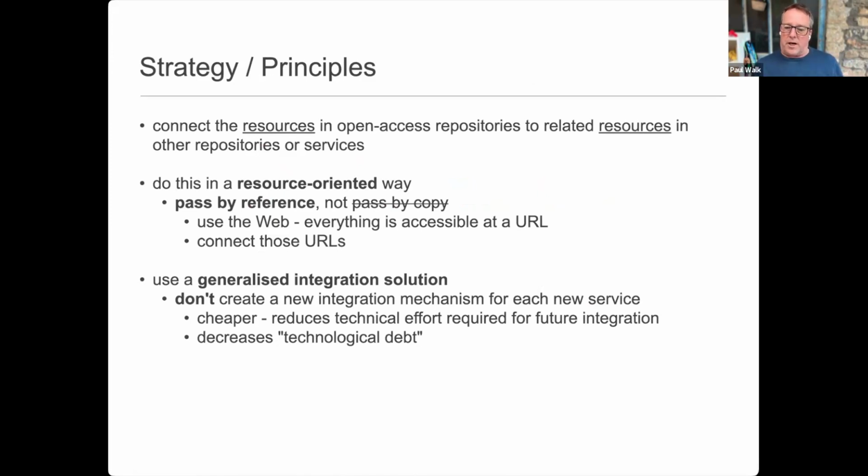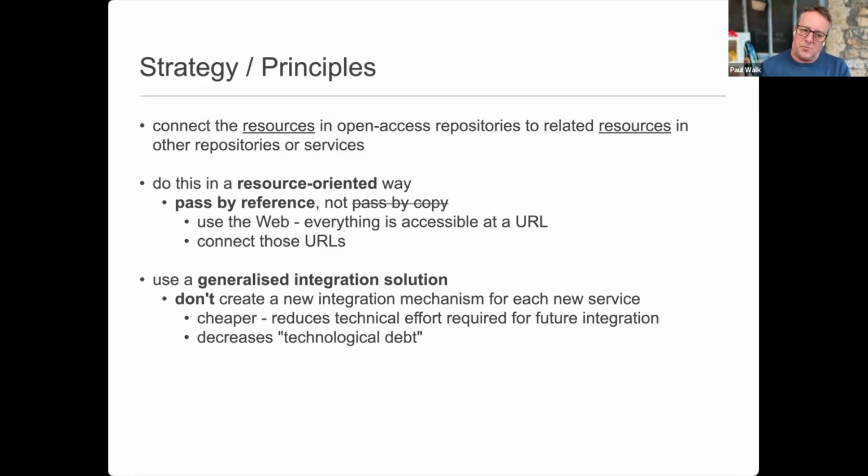So it's not so much about connecting a repository to a peer review system, so much as it's about connecting an object in a repository to a review in a peer review system. It's about connecting those resources rather than the systems. And so naturally, we are interested in doing this in a resource-oriented way, where resource-oriented is a reasonably precise term from computer science, which describes what I've just said.